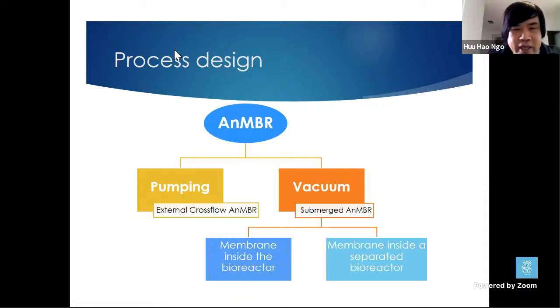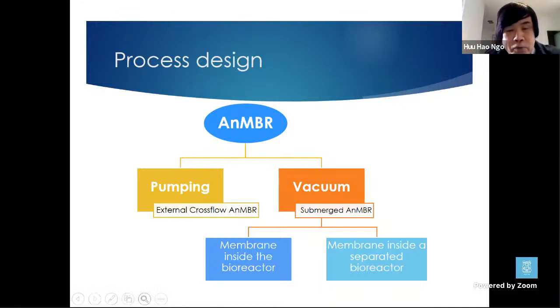If we put the membrane outside the bioreactor, that is the external cross-flow anaerobic MBR. But if we put the membrane inside the anaerobic bioreactor, then we have a submerged anaerobic MBR.